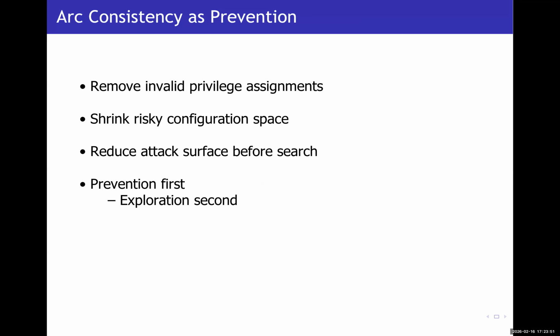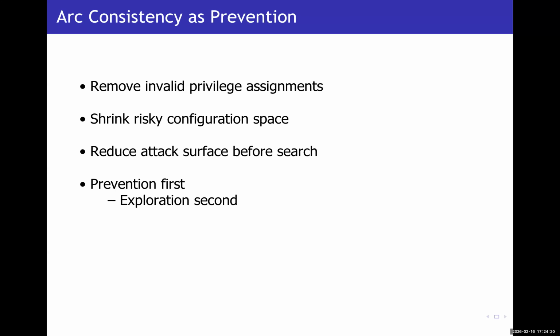So then, to view ARC consistency as prevention in the cybersecurity sense, we would consider that in cybersecurity, ARC consistency reflects a prevention-first mindset. We remove invalid privilege assignments before we ever explore full configurations. That means insecure combinations are eliminated early.